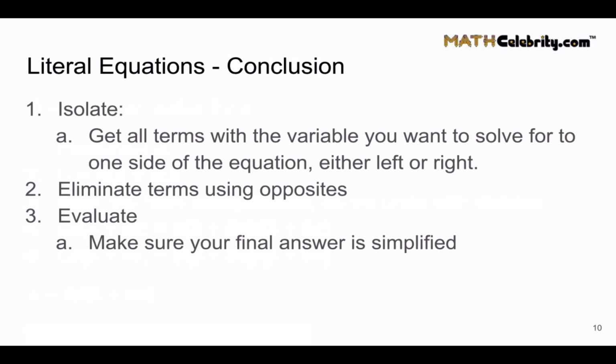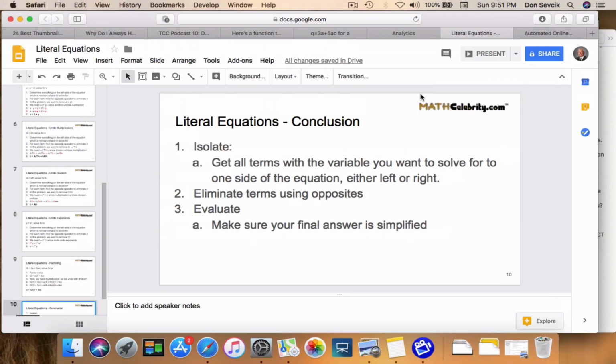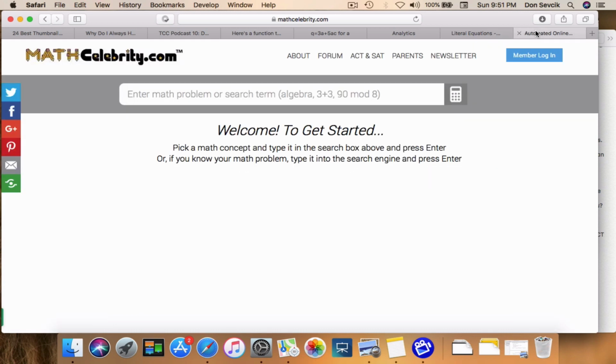Isolate, eliminate, and evaluate. So if you're on the Math Celebrity site right now, you already know about the calculator. But if you're finding us right now from YouTube, let me give you a quick demo of the calculator. So if you go to the description in the comments, you'll find a link directly to the literal equation calculator. But if you're just browsing around our site, always start with the search engine here.